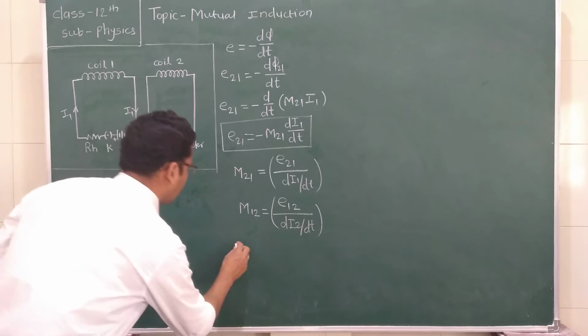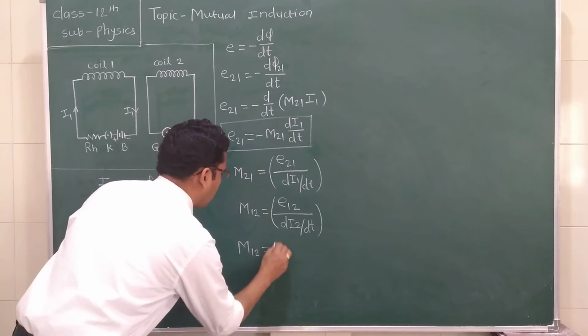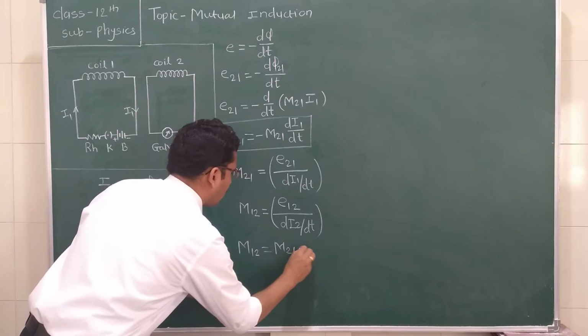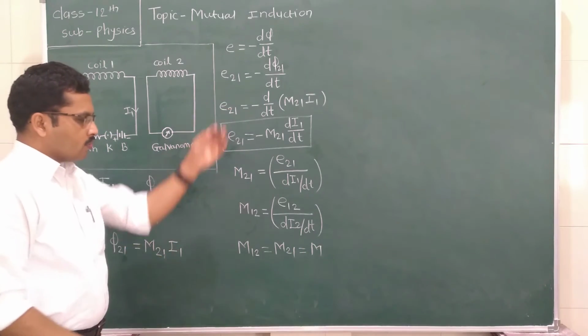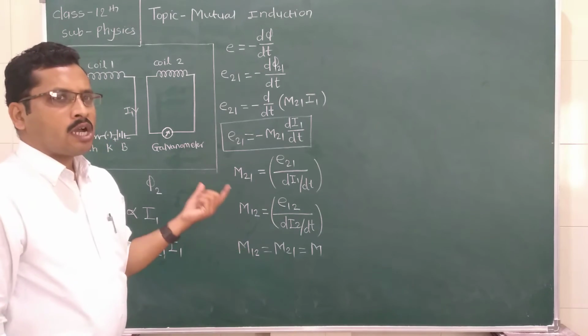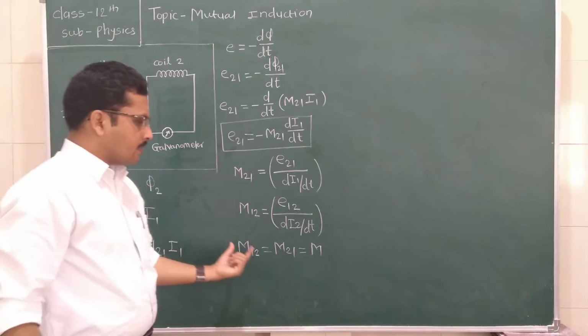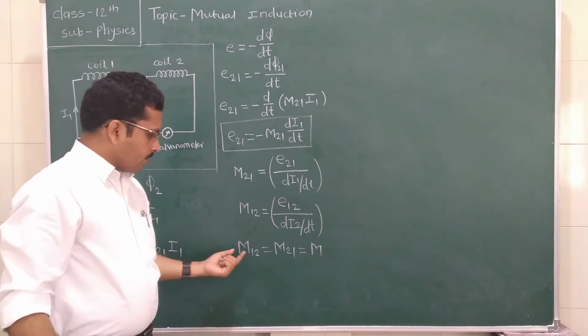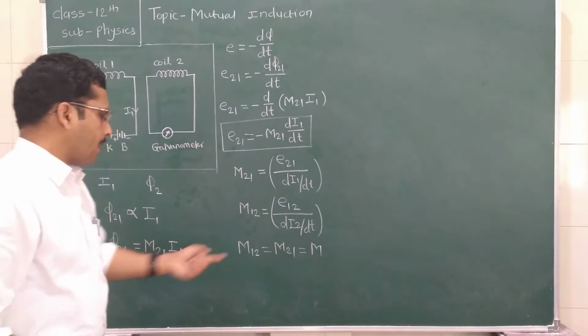So we can write M12 is equal to M21, which can be denoted by the letter M. So the mutual induction of both coils with respect to each other will be the same.